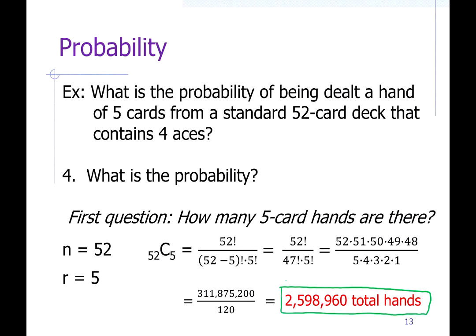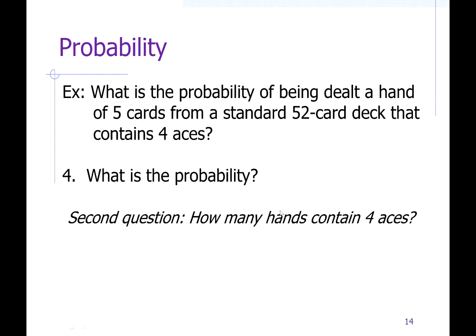So out of those 2,598,960, how many of them contain 4 aces? Well, there's 5 cards, so you think about there's like five available slots. 4 of them are already taken by those 4 aces. So there's 1 available slot left. So how many hands contain 4 aces? Well, the first card is an ace. The second card is an ace.